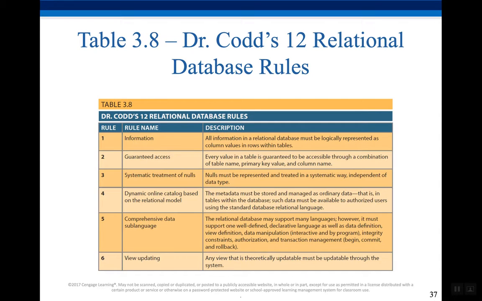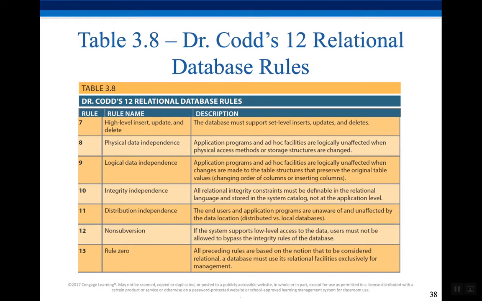So you'll see things like guaranteed access, systematic treatment of nulls, comprehensive data sublanguage, view updating, high-level inserts, physical data independence, logical data independence, distribution independence. Basically, these 12 relational database rules are really high-level guidelines.